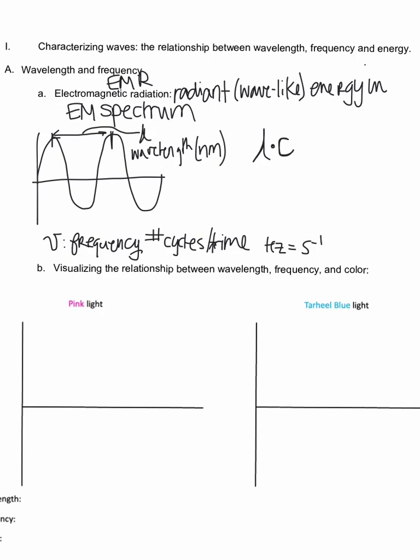It turns out that for a wave traveling in a vacuum, the product of the wavelength, lambda, and the frequency, nu, is equal to c. As you can see, I've replaced the c with a nu here.